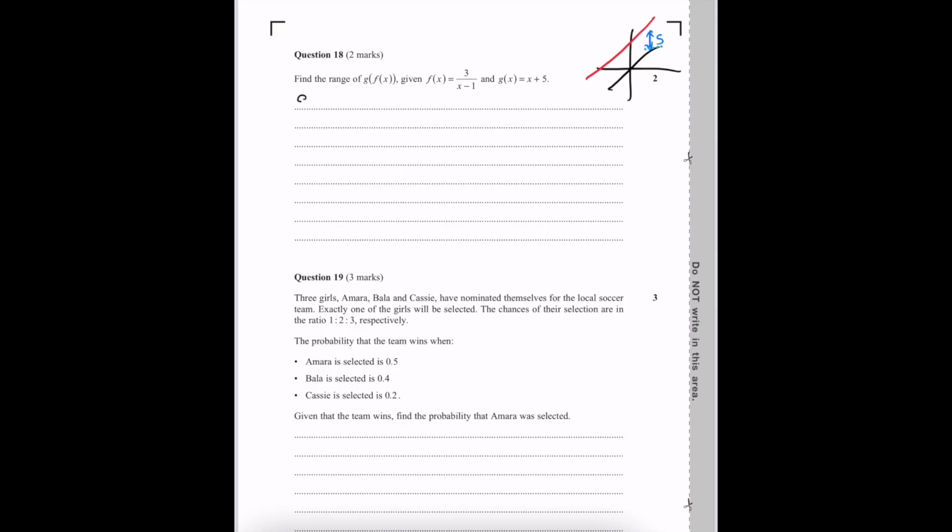So g of f of x is equal to 3 on x minus 1 plus 5. So it's very simple. But for the range, how do we work that out? Well, the range of g of f of x is going to consider the range of f of x firstly, and then it's just going to be translated up by 5 units. So what is f of x?